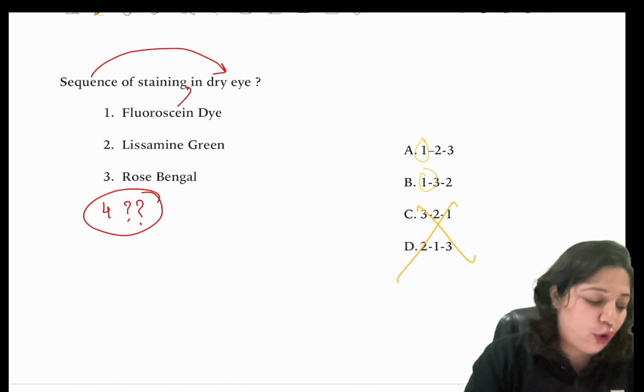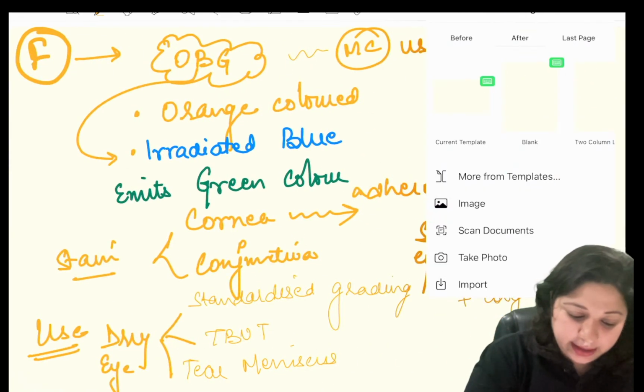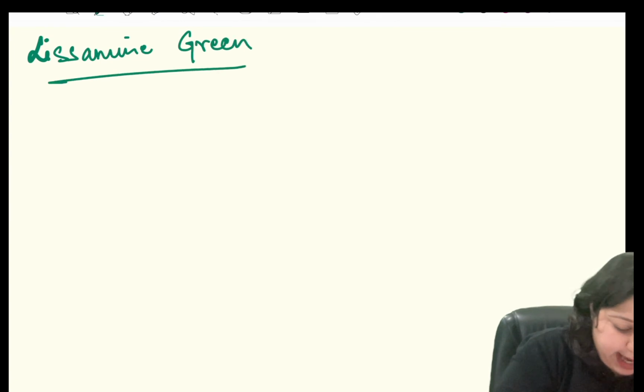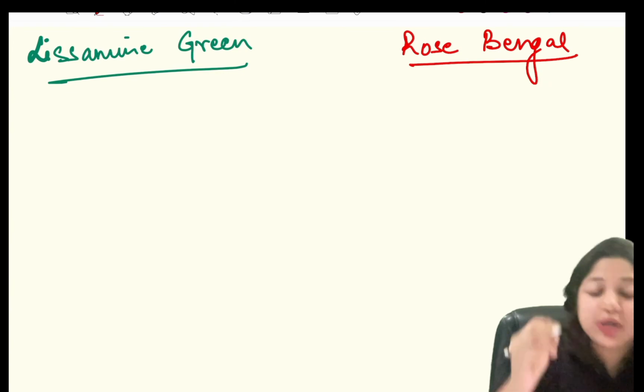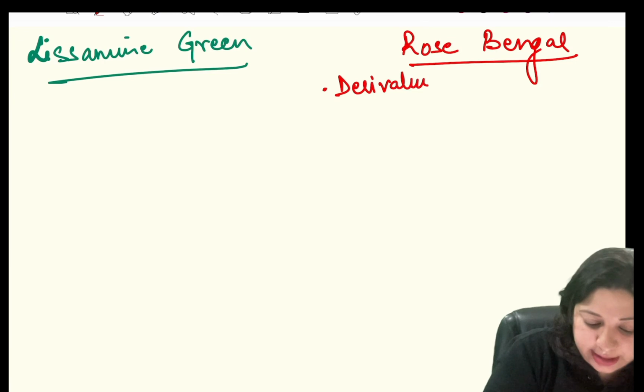Now next, the other dye, which says 2, lissamine green, and the other is rose bengal. So rose bengal is actually a derivative of fluorescein. We all know that.